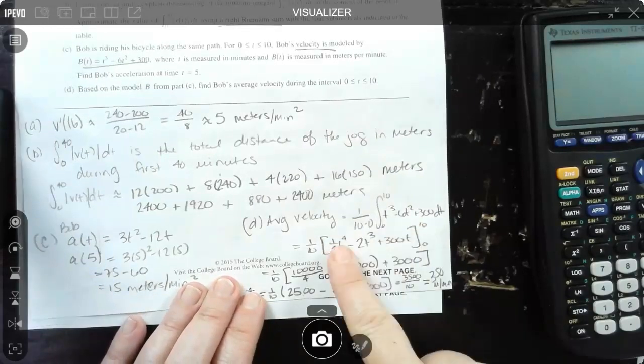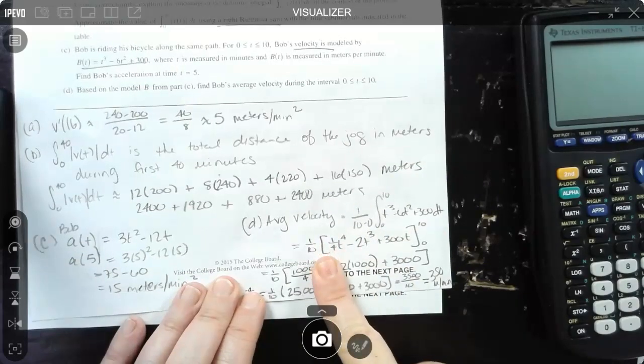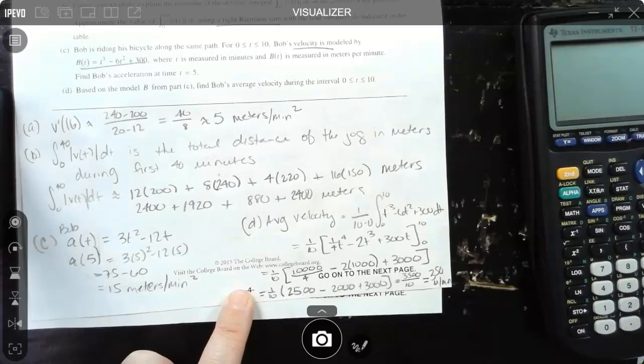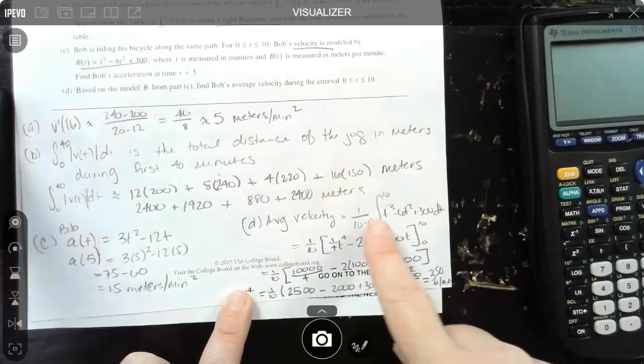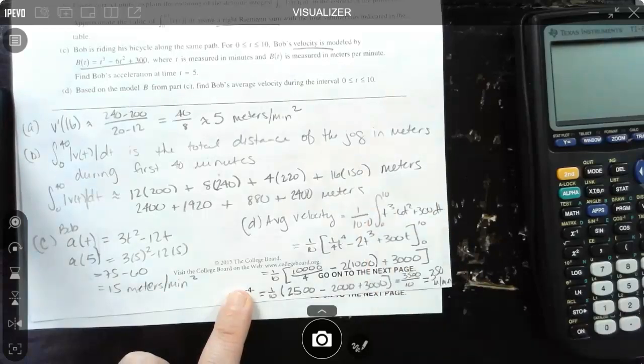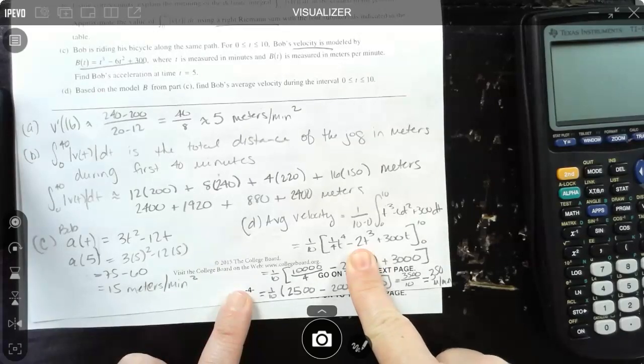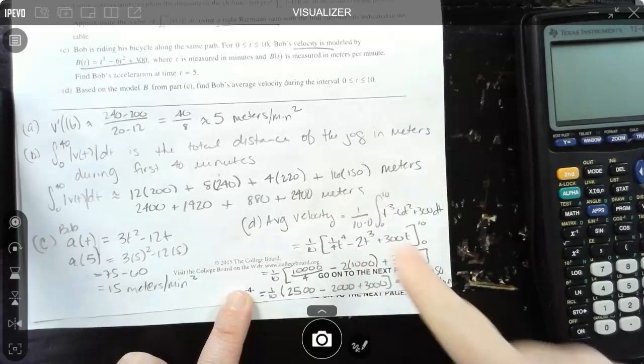So you've got to do an antiderivative here and then divide everything by 10 at the end. I ended up getting 350 meters per minute. So you got 1 point for setting up the integral correctly here, 1 point for correctly finding the antiderivative, and then a point for the answer.